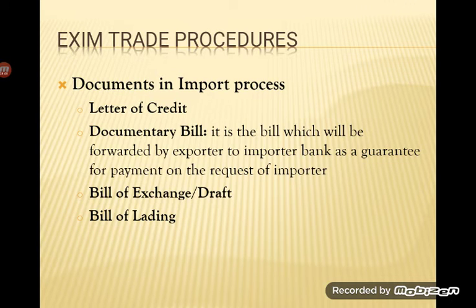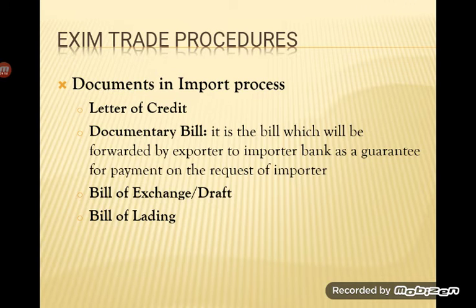Then we have one more important document, the bill of lading, as we discussed in the previous topic also. It is a receipt issued by the port trust authorities after shipment of the commodities. It's a guarantee that they have shipped the goods from the exporter to the importer. The same copy of the bill of lading will also be sent to the importer.